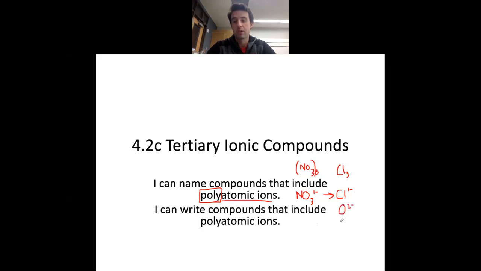Or maybe something like N. N has a charge of 3 minus. So you can substitute any polyatomic ion with a 1 minus, a 2 minus, or a 3 minus with Cl, O, and N, and that'll help you get rid of some of the complex parts. The part that people struggle with the most is the parentheses here. So let's get into some examples.